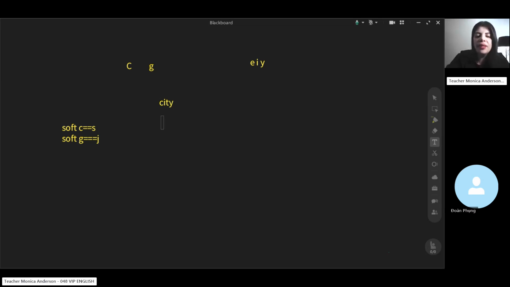Or for example, we have another one, center. So this is about letter C. We have the same thing about letter G. So for example, we have gem, gene, giant.